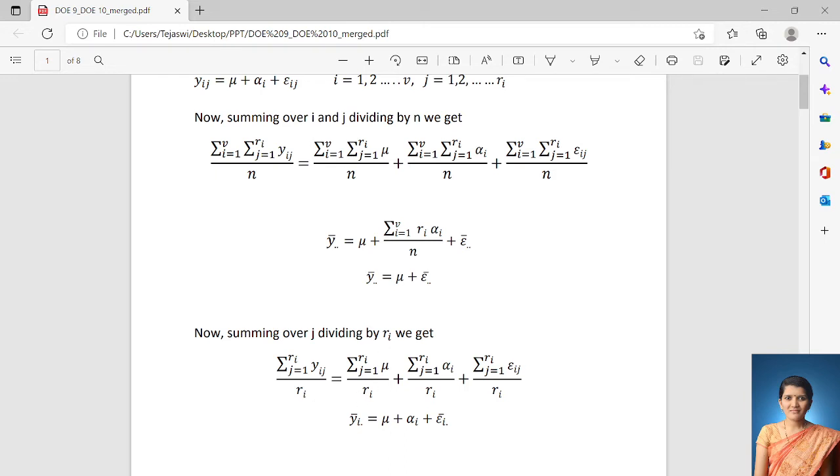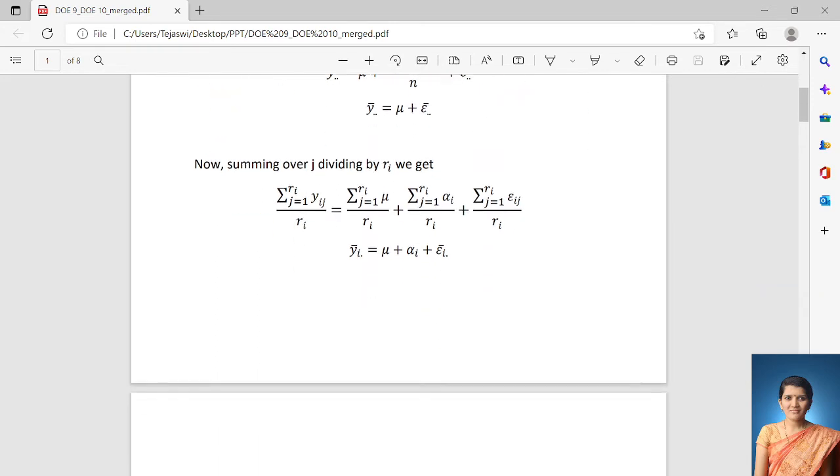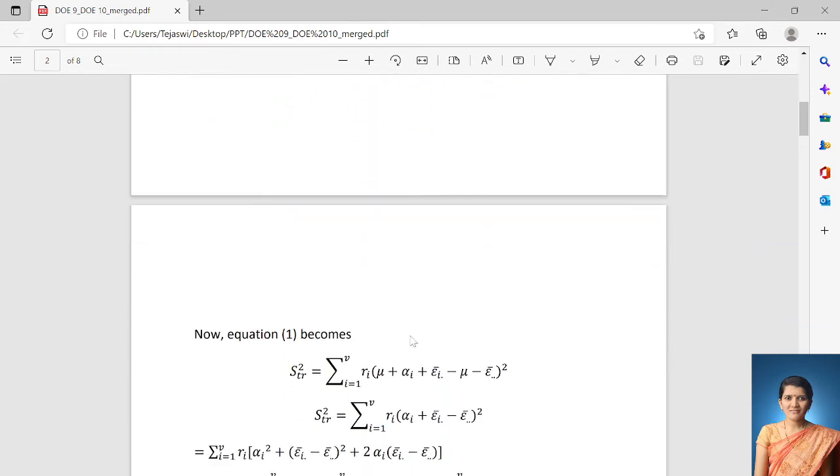This is converted into mu plus alpha_i, and the last term is epsilon_i dot bar. Both these quantities are substituted into equation 1. Then equation 1 becomes: sum of square due to treatment is summation over i of r_i times (mu plus alpha_i plus epsilon_i dot bar minus mu minus epsilon double dot bar) whole square.